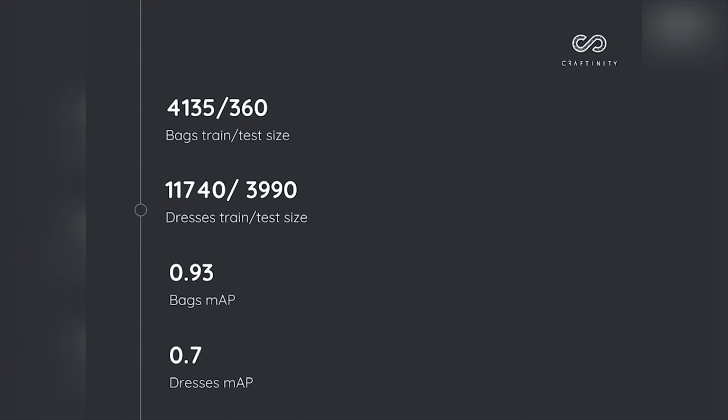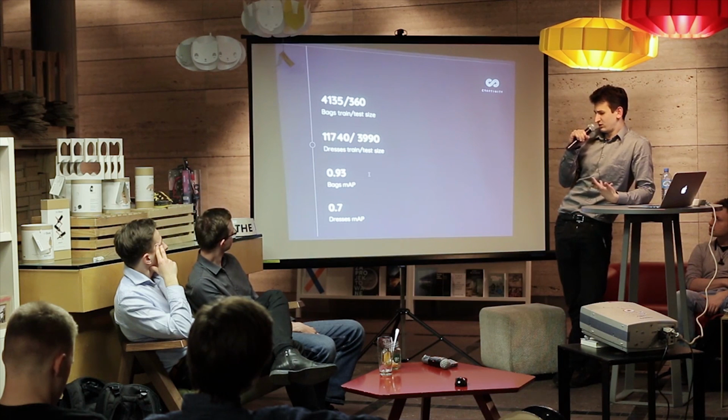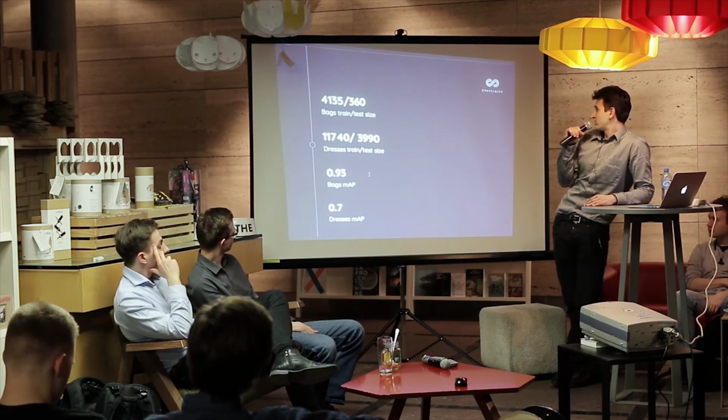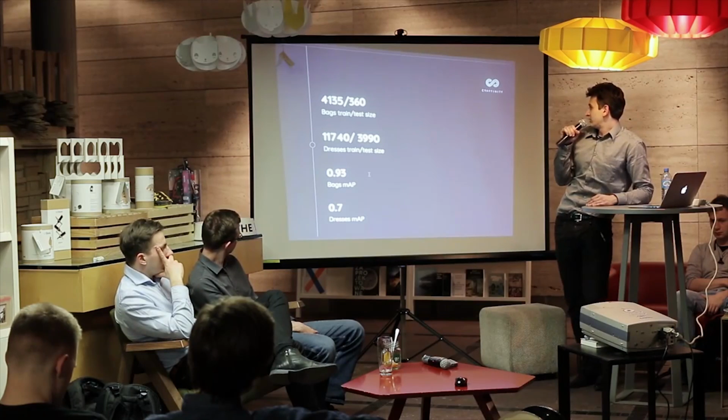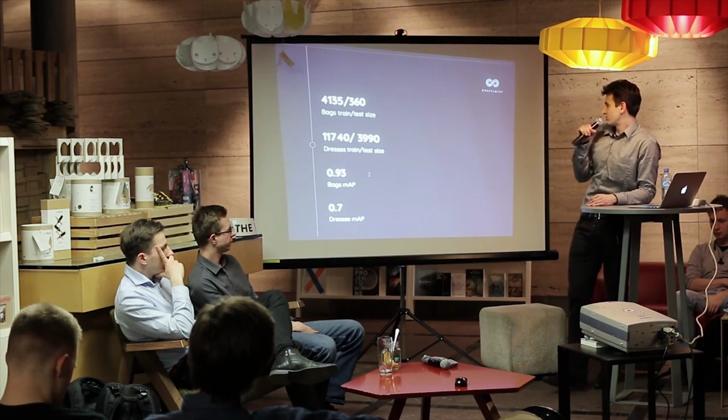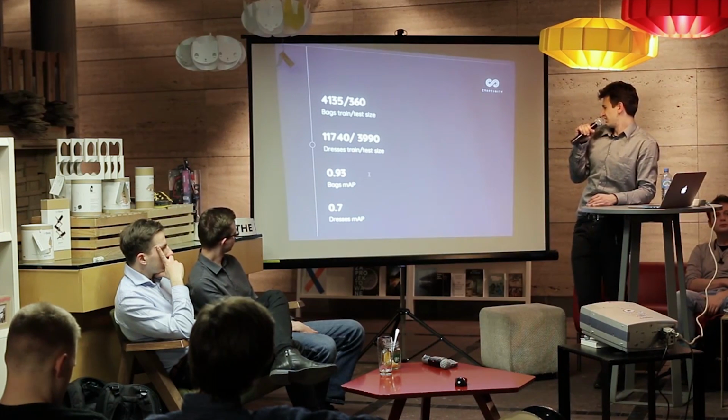Some details about the training of the SSD. We trained it for the bags and dresses categories. The bags data set was about 4,500 images, while the dresses data set was much bigger.